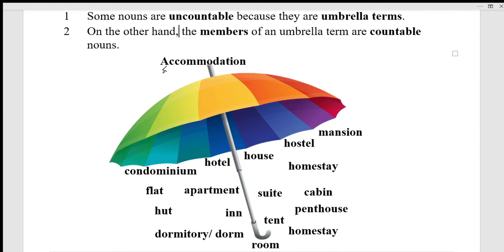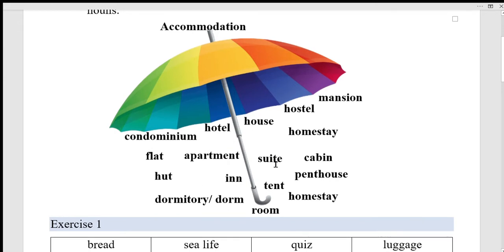Okay, for example, condominium, flat, hut, dormitory, hotel, apartment, inn, house, suite, tent, room, hostel, mansion, homestay, cabin, penthouse.